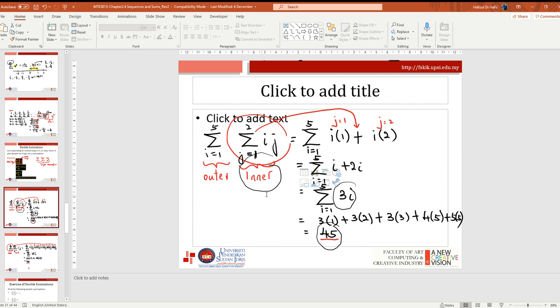Here, i is 1 and then plus j equal to 2. This one is for the inner first, and that's why we got i plus 2i, we got 3i, and then we solve the outer loop. Outer loop, and then we got 45.